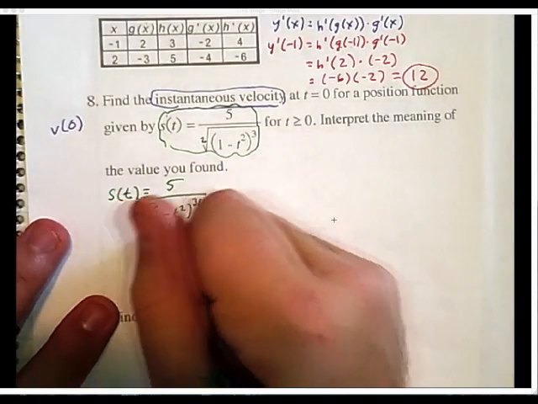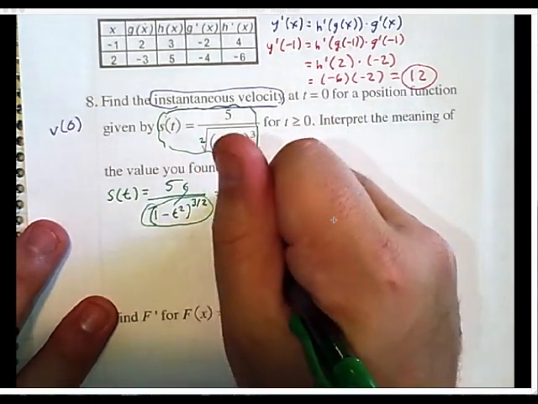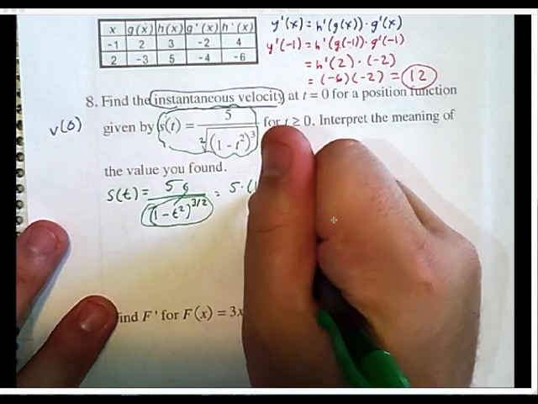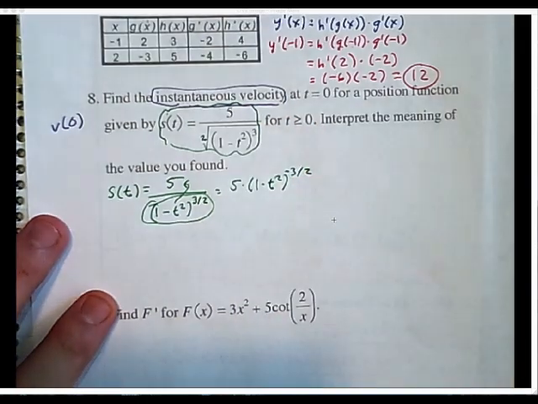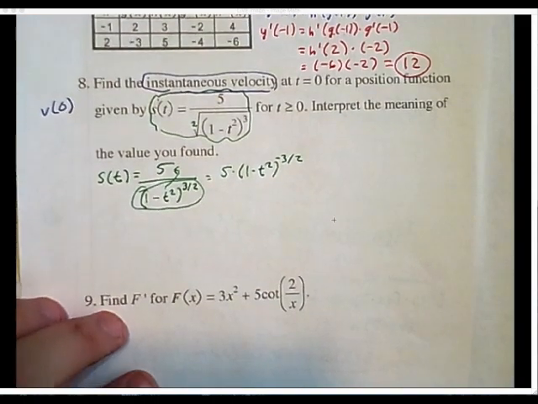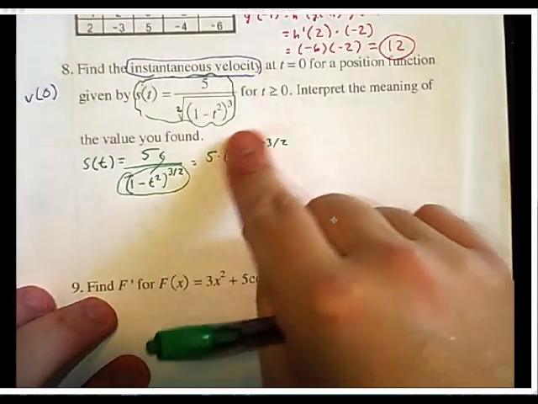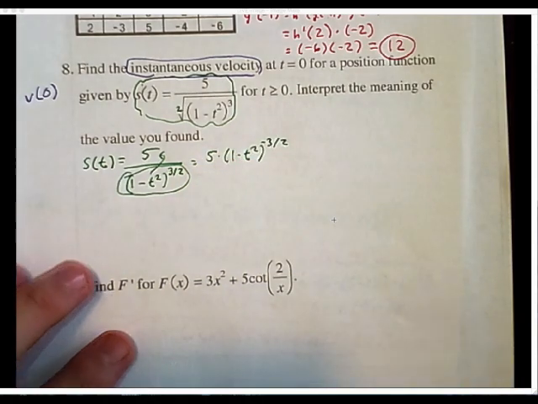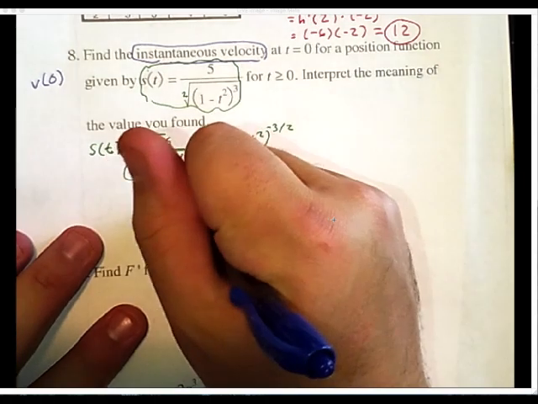Now we can take this whole thing and move it up to the numerator by changing the positive power into a negative power. So 5 times 1 minus t squared to the negative 3/2 power. Now why do that? Because it's easier to take a derivative when it's written like this. Okay, so that's the position function, just rewritten. Now let's find the velocity function.